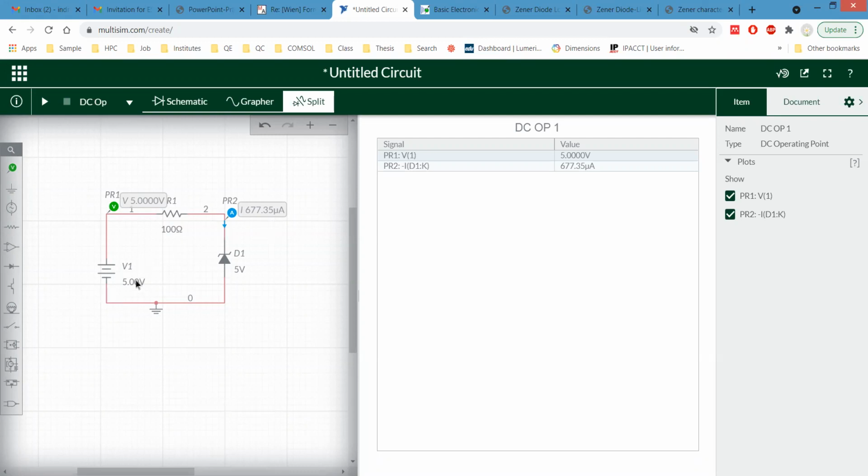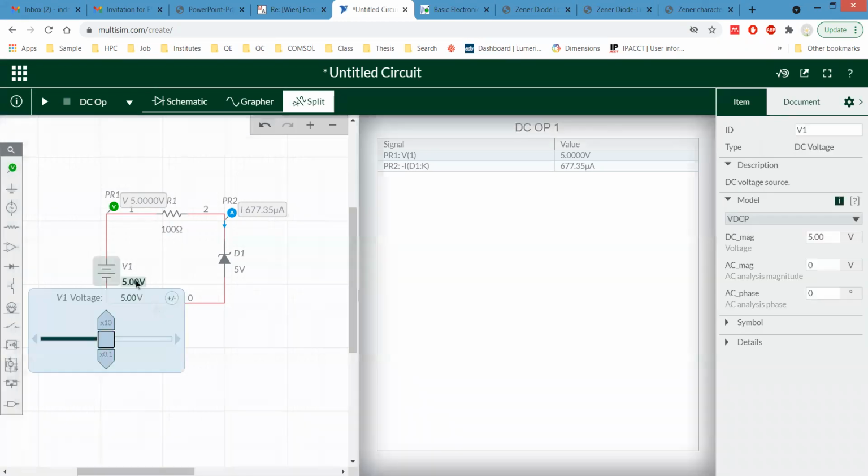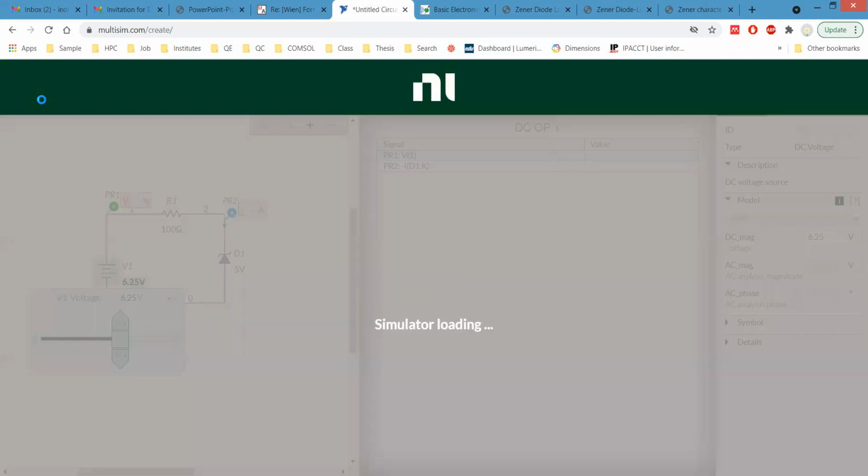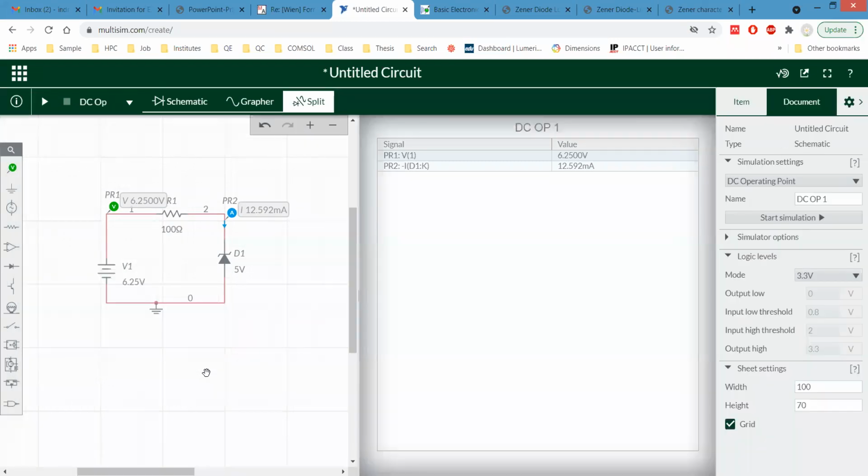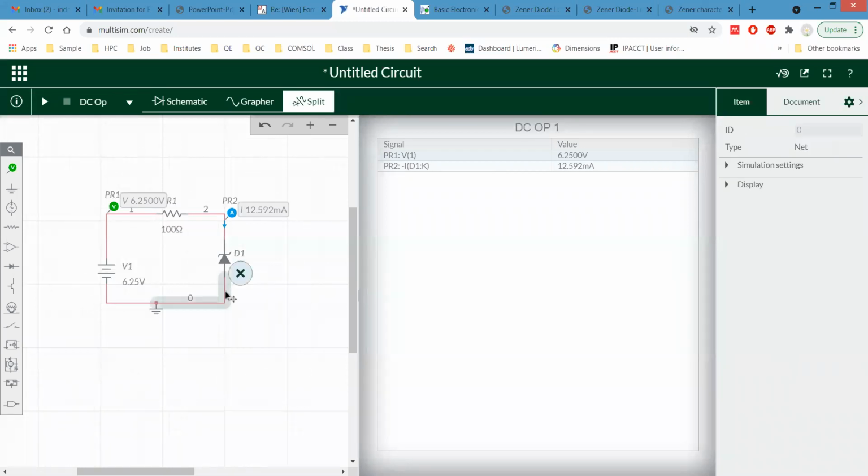Now let's just have another 2-3 values. Then 6.25. No, it is in milliamps. 12.529 milliamps. Okay. So this was for reverse bias. Now let's do it for forward bias.